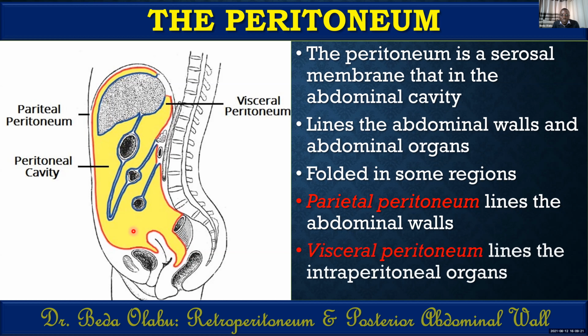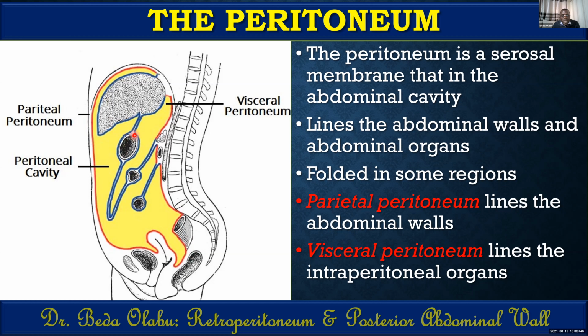Then we have what we call the visceral layer of the peritoneum. The visceral layer of the peritoneum is the one represented by the blue here. This is the one that lines the abdominal organs and suspends them. Like in this case, perhaps this is an intestine, or that one, or this one is a stomach.